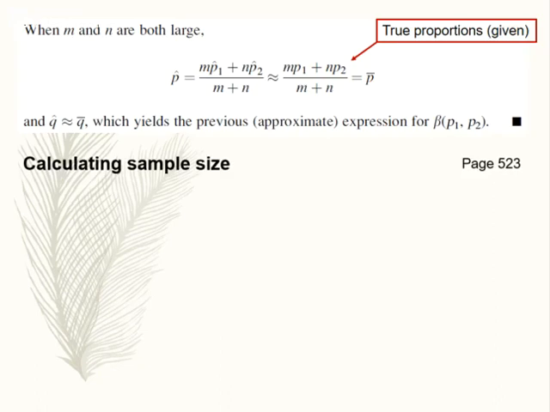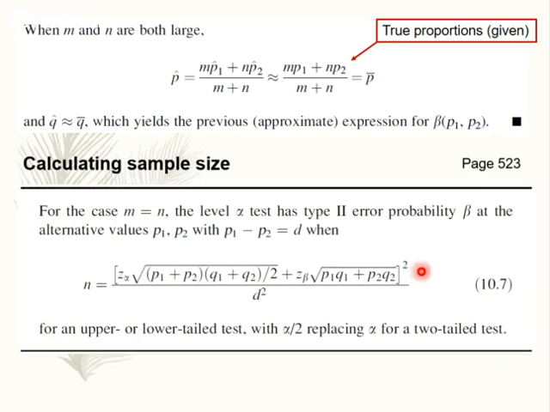Now, if you want to calculate a sample size, on page 523, they give you this formula. This is a formula that you need if you're going to find a sample size given some beta and alpha, and this is for any lower or upper tail test.